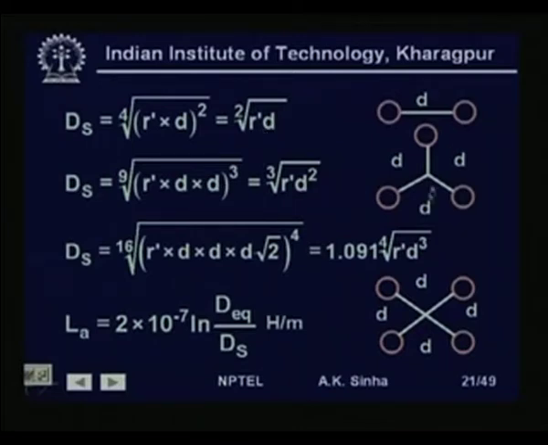Same thing we can see for a 3 conductor bundle or for a 4 conductor bundle. We find that for a 3 conductor bundle it is cube root of r dash d square, and for a 4 conductor bundle it is 1.091 into 4th root of r dash d cube. And for bundle conductor, we replace the r dash by this Ds, that is the self distance or the GMR of the conductor as calculated here.